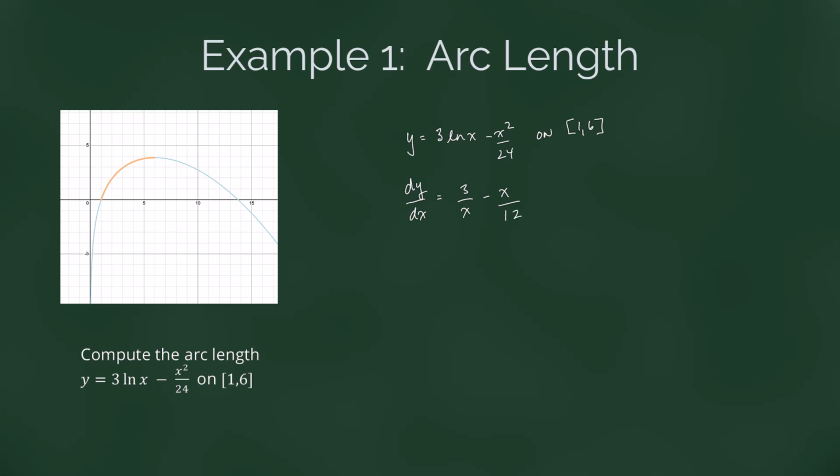If we square that, we're going to end up with 9 over x squared minus 1/2 plus x squared over 144.